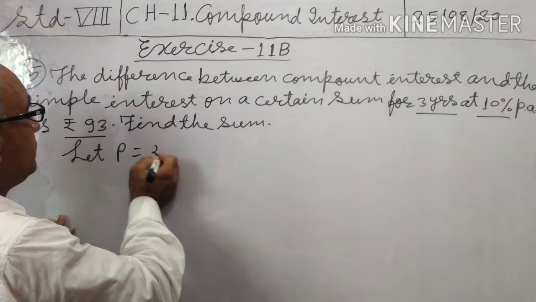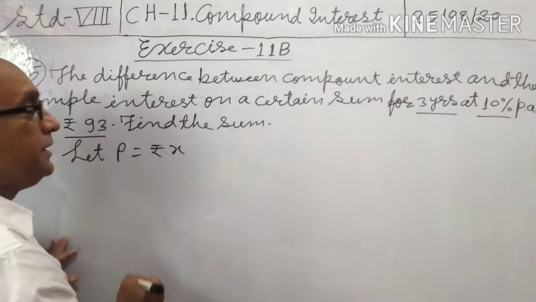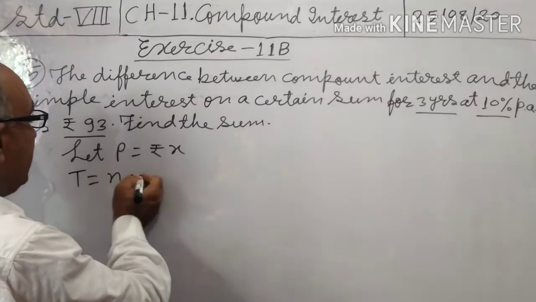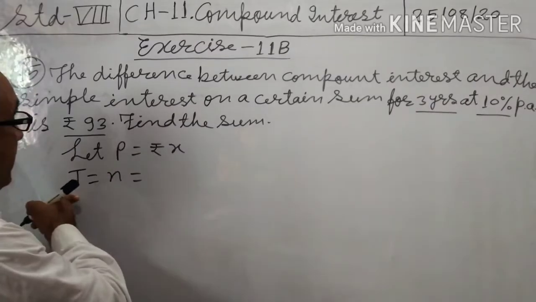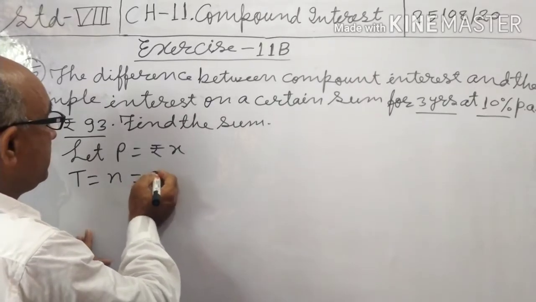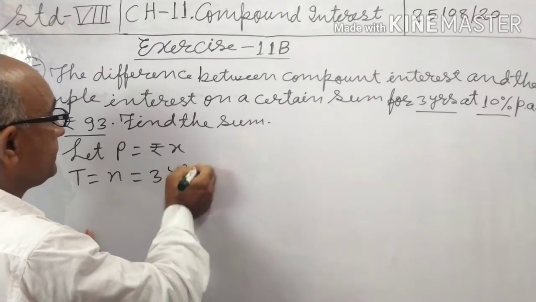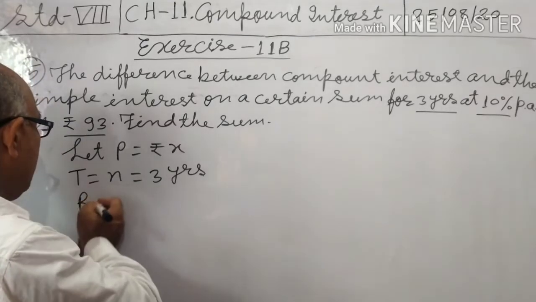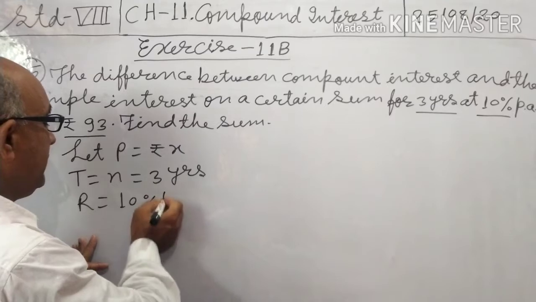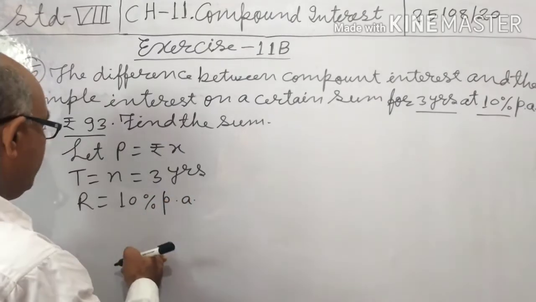P equal to rupees X, T equal to N. T for simple interest and N for compound interest. T equal to N, 3 years. R equal to 10% per annum.